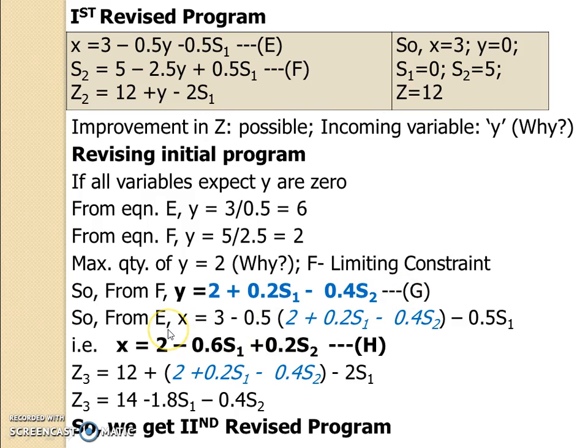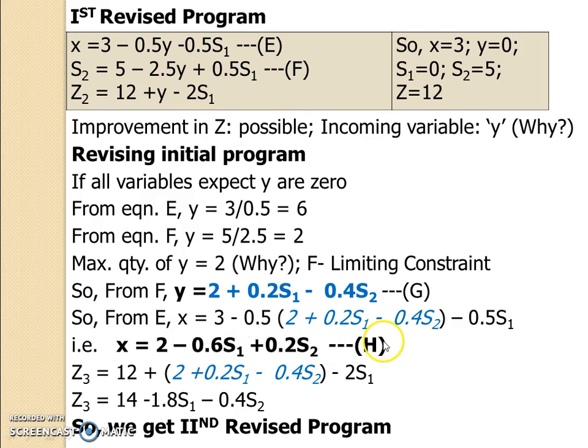From equation E, by substituting for y, we will get x is equal to 2 minus 0.6S1 plus 0.2S2.